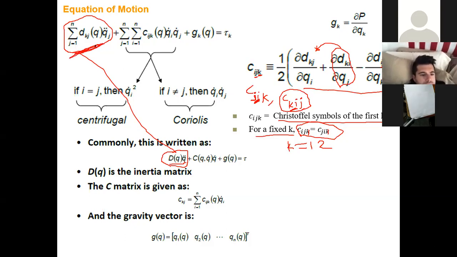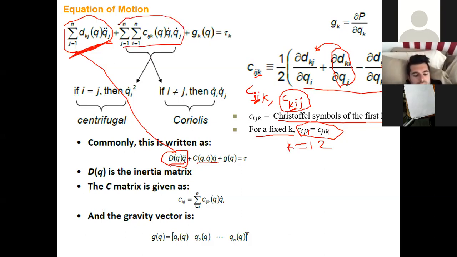For the second one, you simply call it C(q, q dot) q dot, meaning C is a function of q and q dot, and then q dot there.